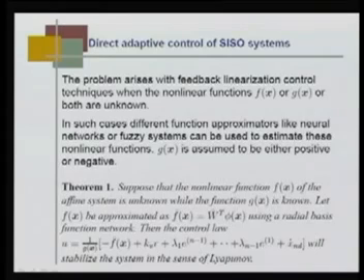g(x) is assumed to be either positive or negative. This is very important: we do not want the g(x) value associated with u to cross 0. So, it is either negative or positive, not both, because otherwise you can't apply feedback linearization.